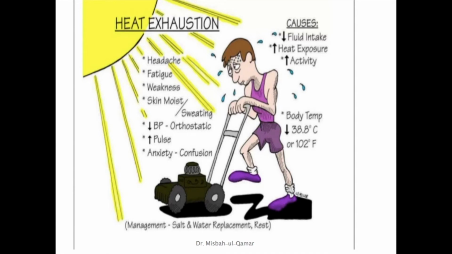In this exhausting condition, skin is cold and clammy, and the temperature could be normal or subnormal. Treatment options may include the recumbent position of the patient, and the patient should be removed to a cold place and should be given salt and water replacements.